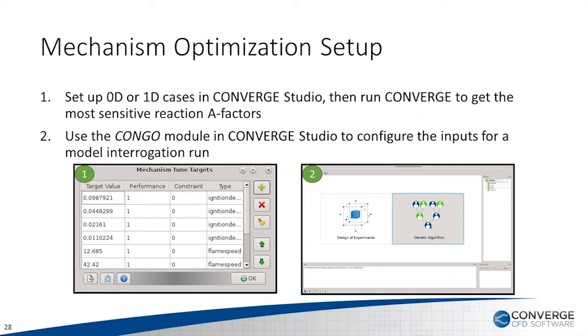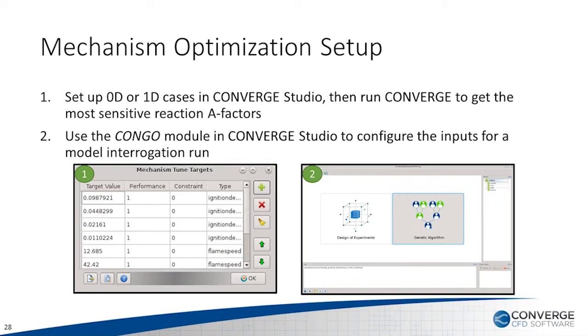To set up the optimization, there are 2 steps which will be different from your previous experience with the CONVERGE setup in the Studio. Basically, it requires you first to set up 0D and 1D in the Studio and run CONVERGE.